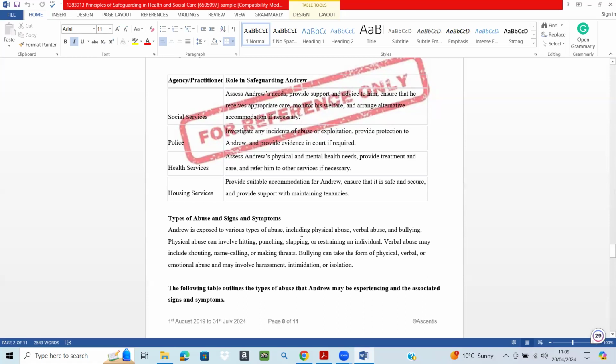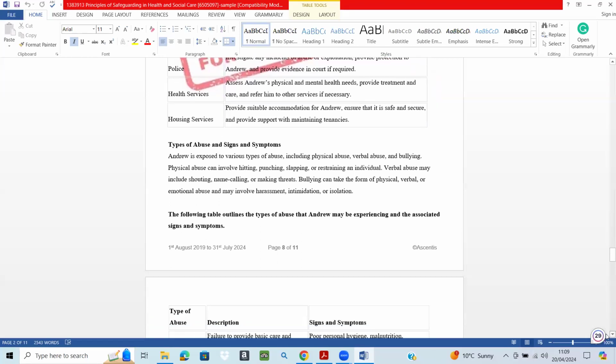Remember I told you earlier that there could be signs and symptoms for physical abuse. For example, here they have mentioned that there could be verbal abuse, bullying. So we need to write everything here in order to pass.